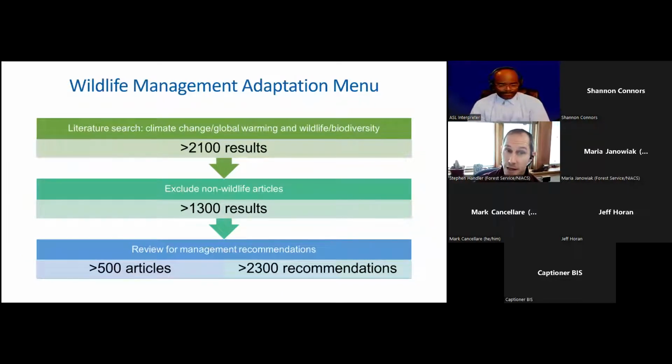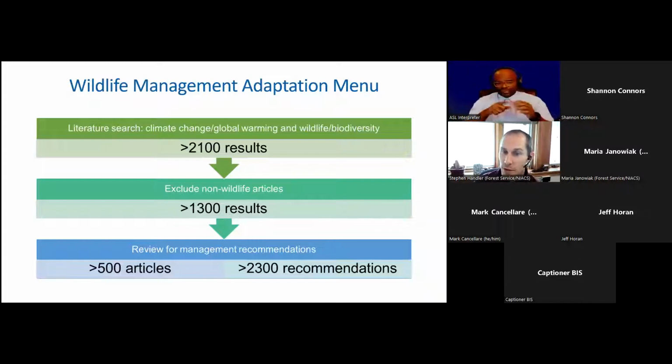The process of creating this menu, briefly, like I mentioned earlier, built on a foundation of published literature. We conducted a literature review with a couple of key search terms that churned up over 2,000 articles.